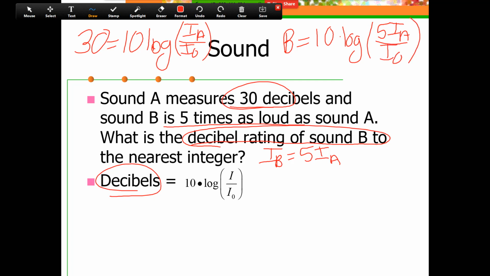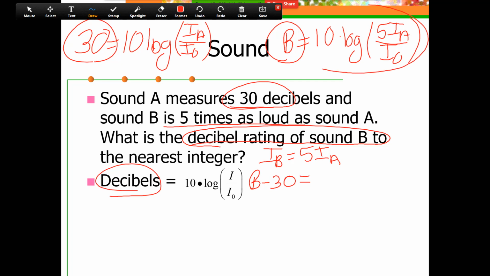So on this one, I would like to take the larger sound, which is going to be B, and subtract the other one, similar to what we did in the earthquake video. So we're going to subtract the left side of the equations, which is going to be B minus 30. And that's going to equal the right side subtracted.